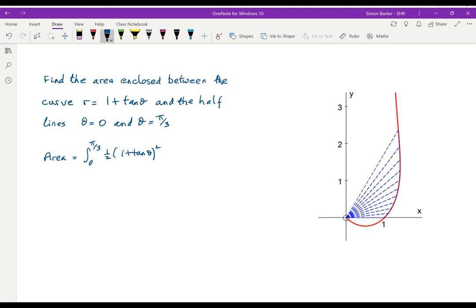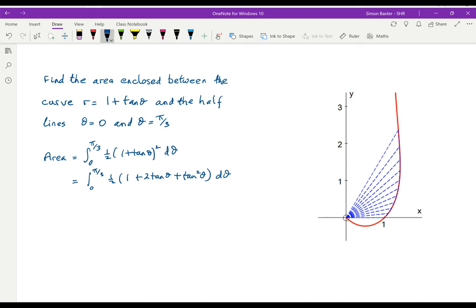1 plus tan theta squared d theta. And now we are back to some nice easy algebra. 0 to pi by 3, a half, 1 plus 2 tan theta plus tan squared theta. Let's make that 2 a little bit bigger.